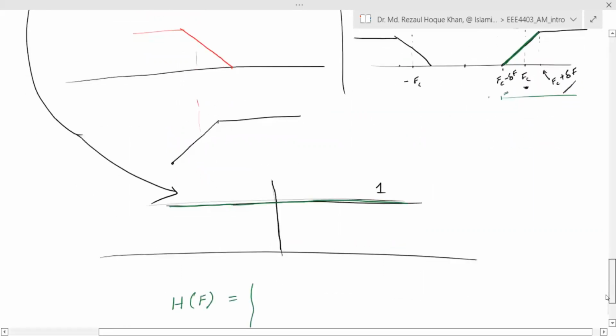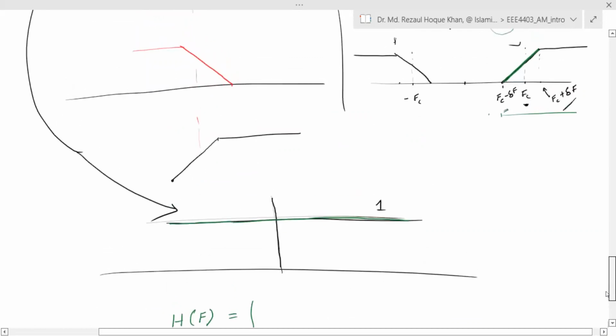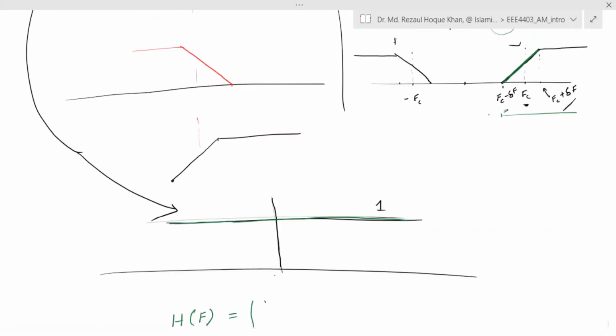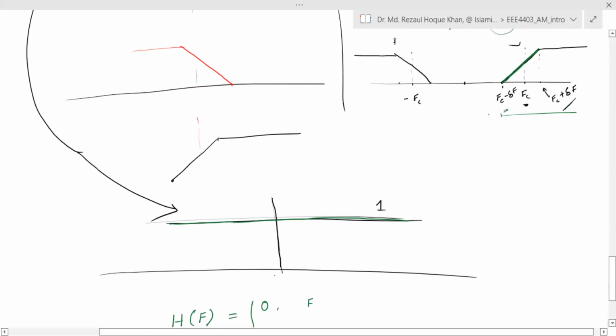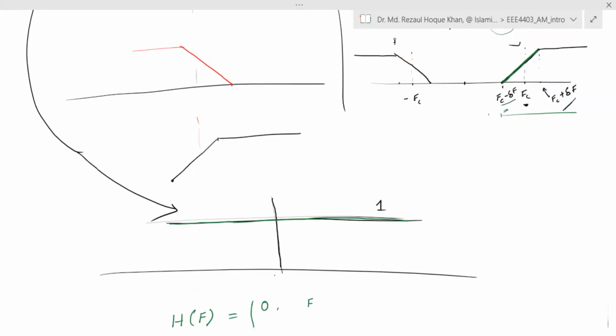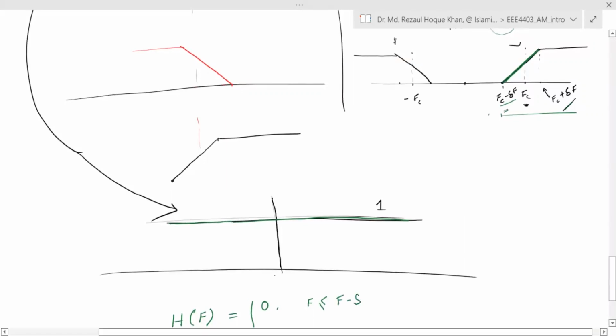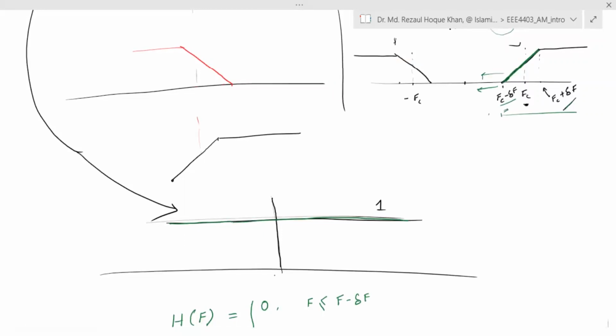So we can see that this filter has a zero value where the frequency F is less than FC minus del F, meaning beyond this value this is zero.